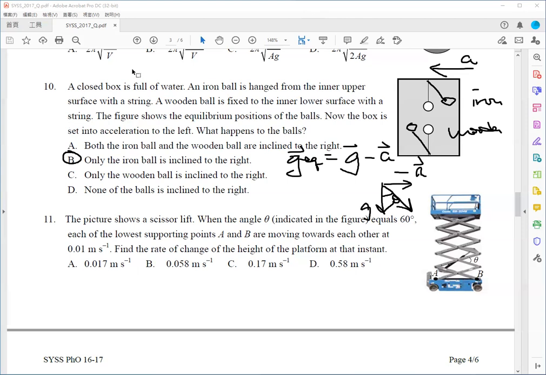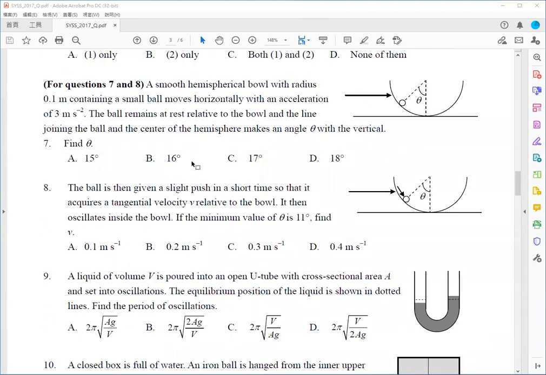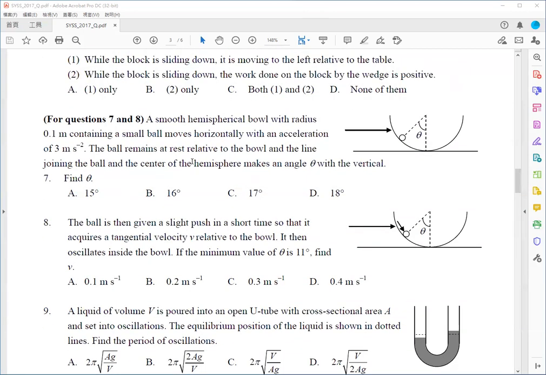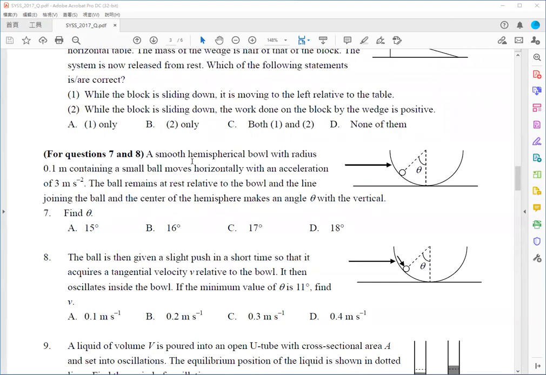Then let's move on. Let's have a look at a question similar to question 7. Have a look at the question first. You make use of the same skill, and then you find the answer and send it to me.